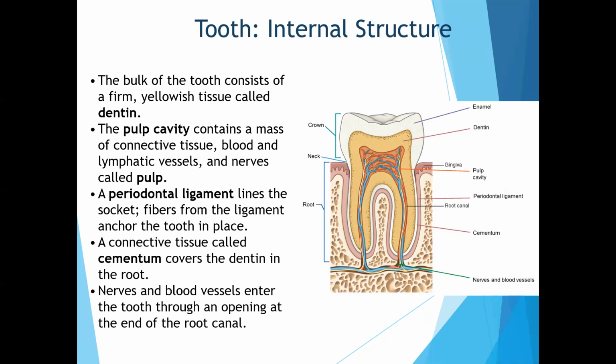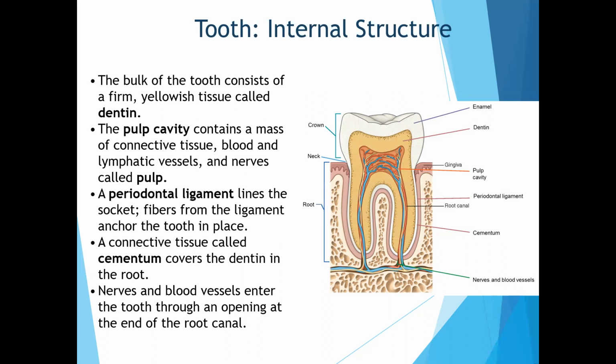We also have connective tissue known as cementum. That's down this way, and it runs just below, above, within the periodontal ligament. That is what covers our dentin in the root.